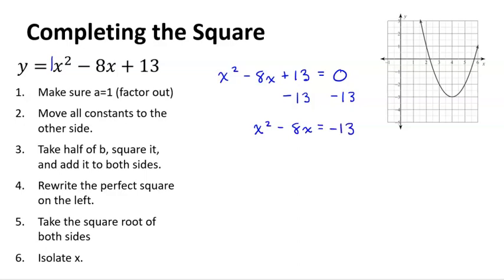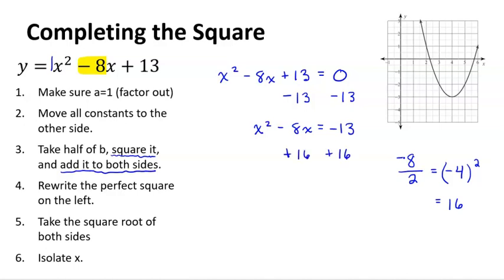Step number 3 says take half of b, and we can see that b is -8. So I have -8 divided by 2, and I get -4. And then it asks me to square it. So I'm going to square -4, and I get 16. And then it says add it to both sides. So now I have plus 16 on both sides.